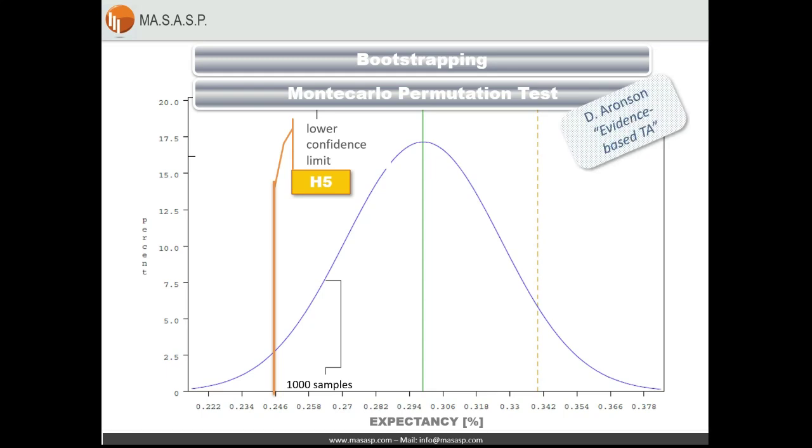Anyway, the Monte Carlo permutation test is also able to simulate different test sets as well as the bootstrapping, but it just tells us whether the model is significant, which means whether its expected return is significantly bigger than 0.